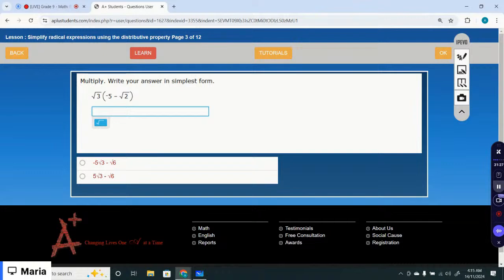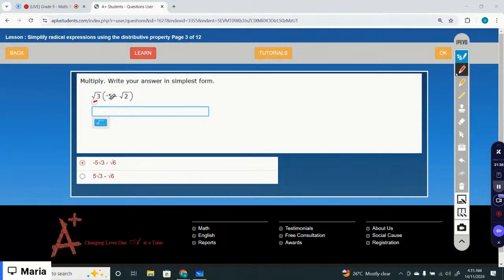So the correct option is, you have to multiply, right? Negative 5 times square root 3 and minus square root 6. Let's just multiply. You have to do negative 3 square root 3 times negative 5. So that is negative 5 square root 3. Now you have to multiply square root 3 times square root 2. So that is square root 6. Option number 1 is the correct option. Got it?